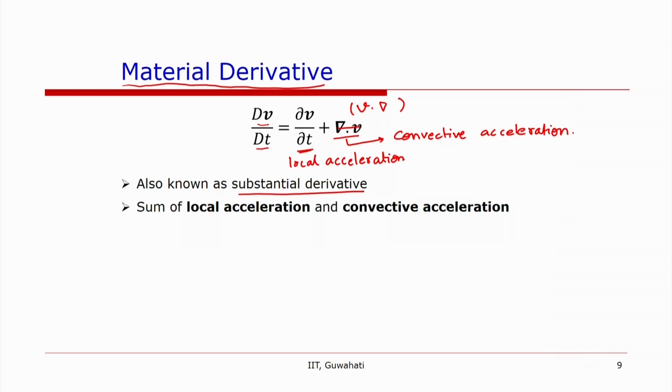So considering the local acceleration and convective acceleration, one gets the material derivative.